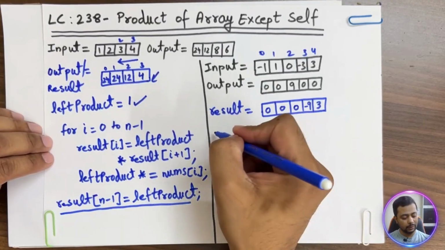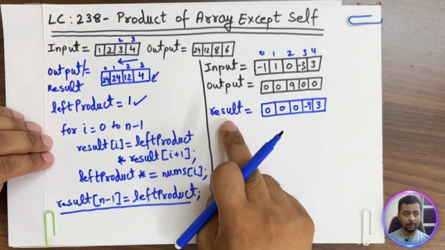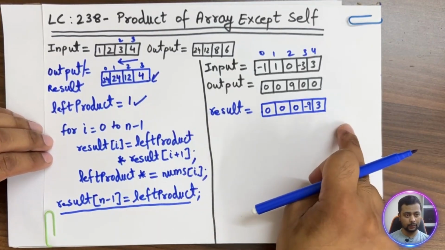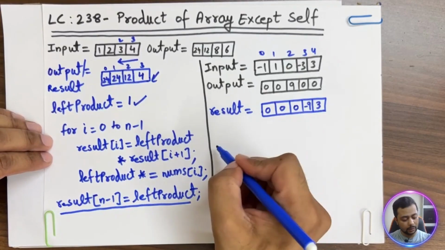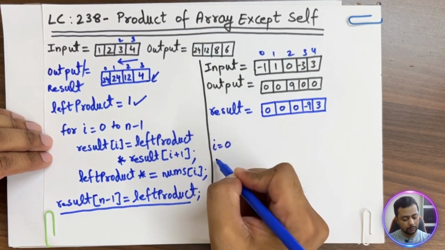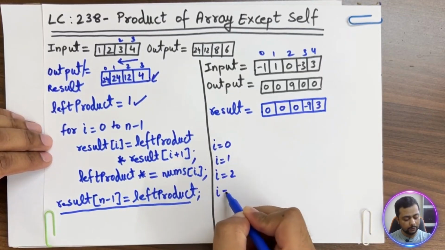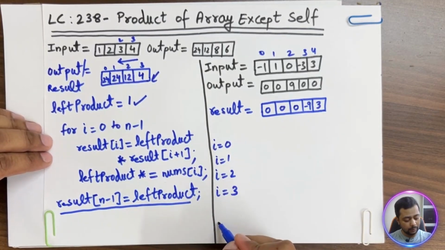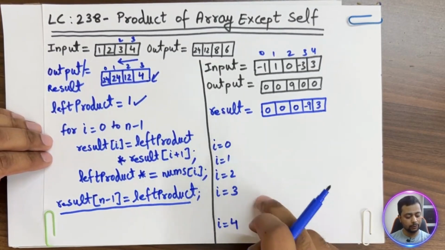Okay, now let's start seeing what happens at each particular iteration. I have defined, and I will keep updating the result array so that you clearly see what is happening at each step. So over here I will write i equal to 0, i equal to 1, i equal to 2, i equal to 3. I am writing i equal to 4 somewhat separately because this will be special handling after the iteration is over.